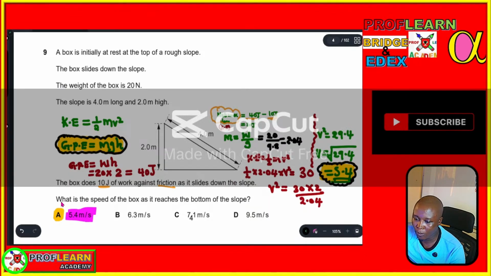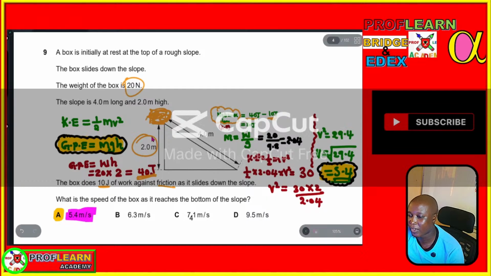So that is going to be 40. And how are we getting the 40? Gravitational potential energy from this height is going to be mgh, but mg is the weight, which is 20 newtons. So if we take 20 times 2, we get the gravitational potential energy this box was having at this given point.